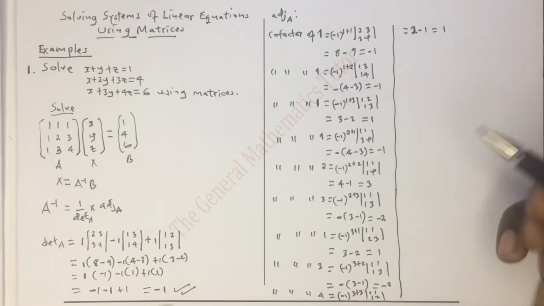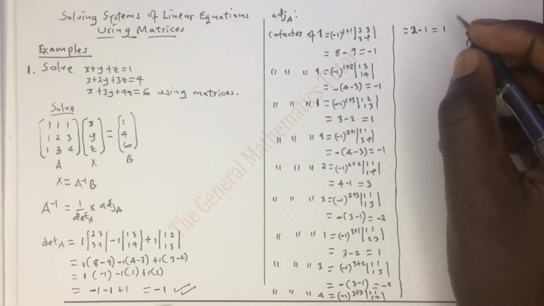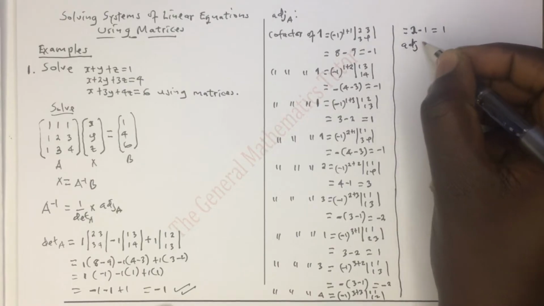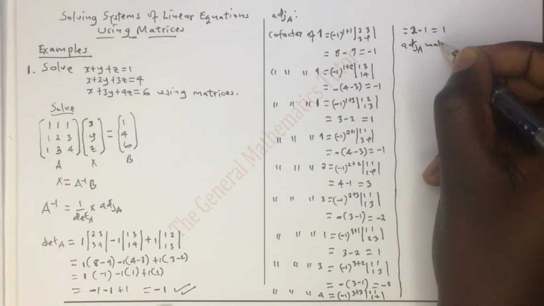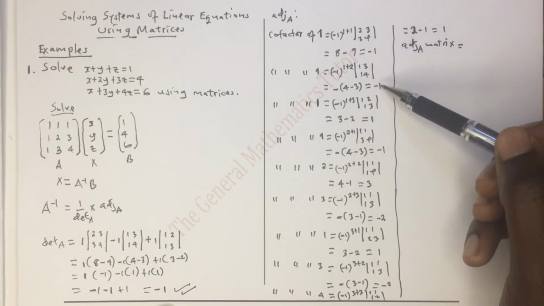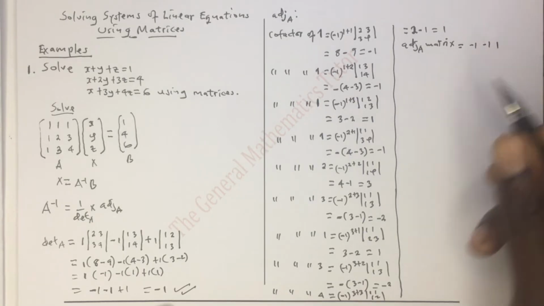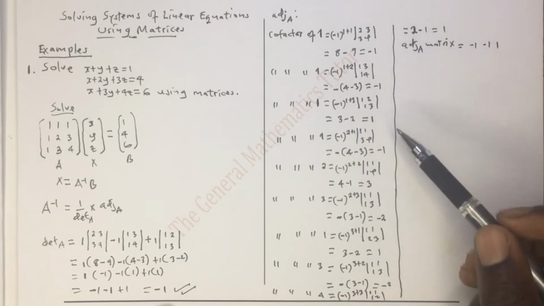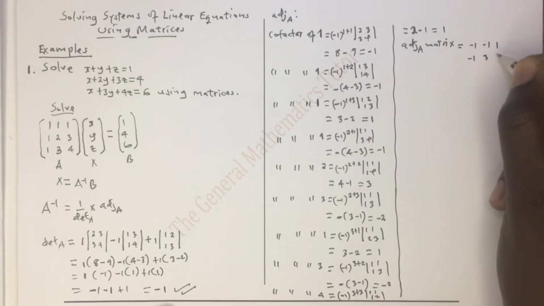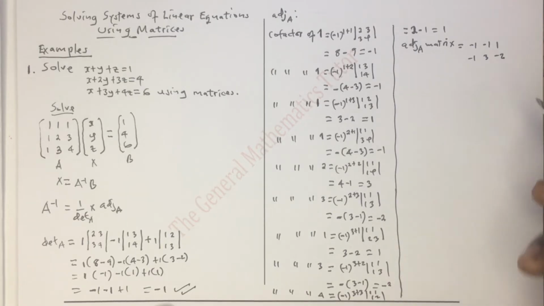So what we need to do is just take the transpose of that matrix. So we have the matrix, which is just negative 1, negative 1, 1, then we have negative 1, 3, negative 2, then we have 1, negative 2, 1.